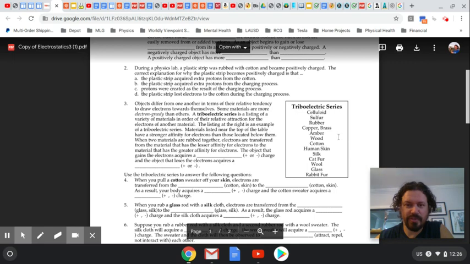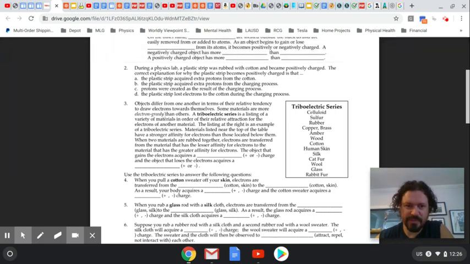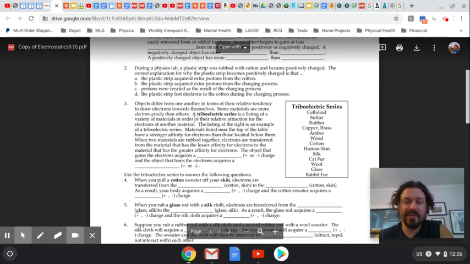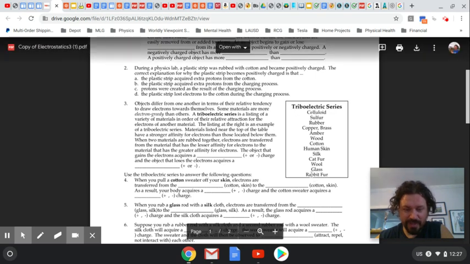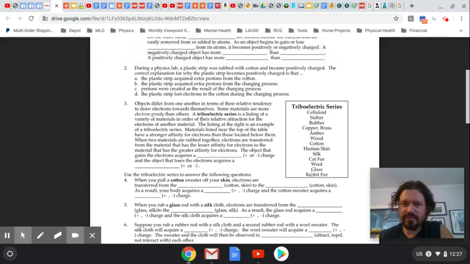Here's something really cool. We've got the Triboelectric Series. Some materials are more electron greedy than others. The Triboelectric Series is a listing of materials that puts those materials in order of relative attraction to electrons. Things at the top have a stronger affinity for electrons. Things at the bottom, weaker affinity.